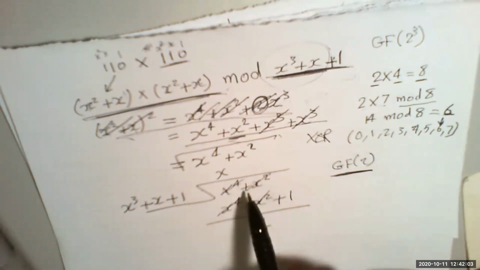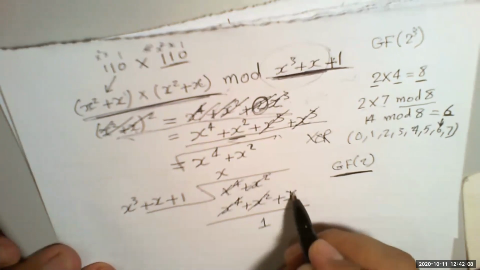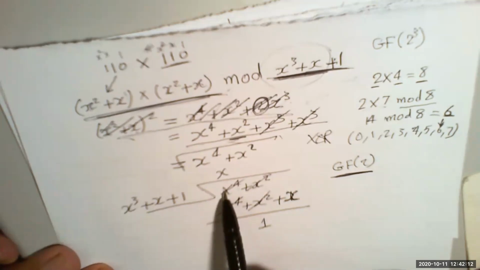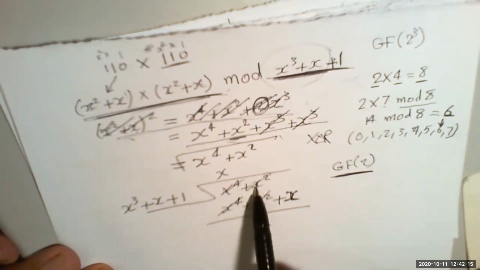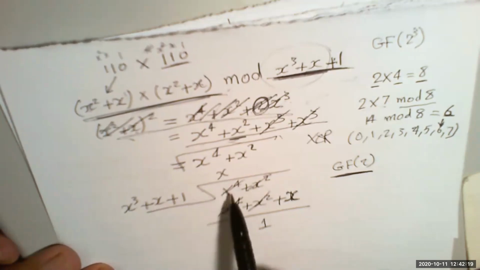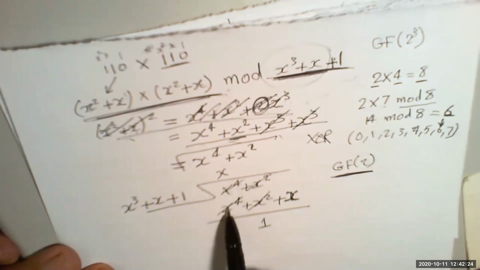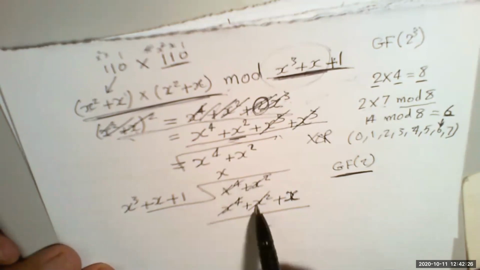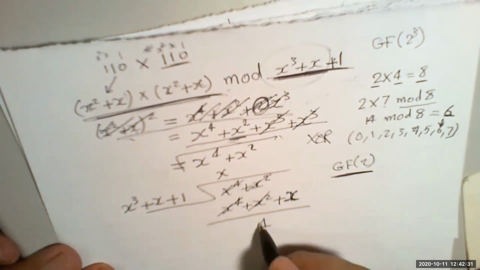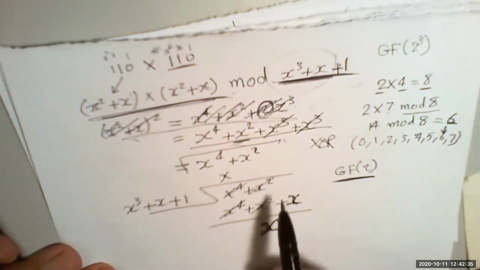I think I have a mistake here. Yes, we have a mistake here. This is x. Okay, let's get back. x to the power 4 plus x to the power 2 divided by this one. To get x4 here, we multiply by x. x multiplied by x cubed is x4. x multiplied by x is x squared. x multiplied by 1 is x. So the result is x. Okay? This is the result of division.